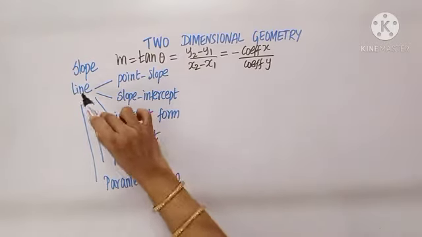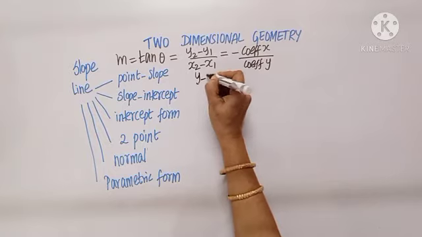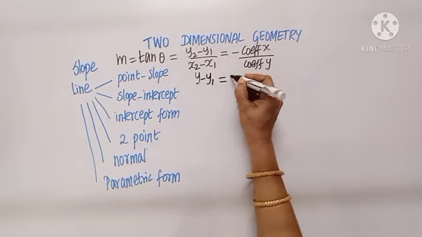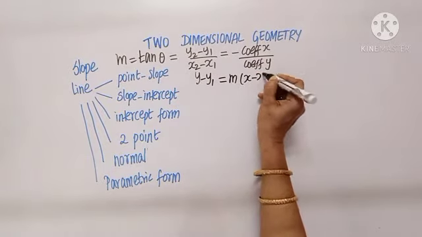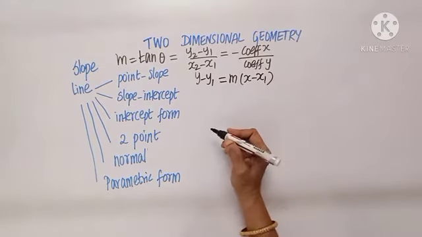To find the equation of a line, if you know 1 point (x1, y1) and slope m, the equation is y minus y1 equals m into (x minus x1).